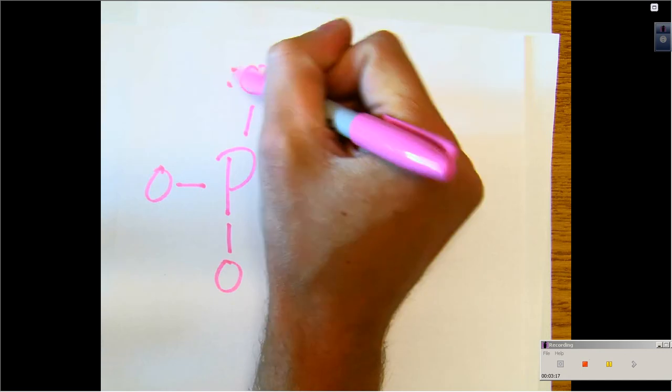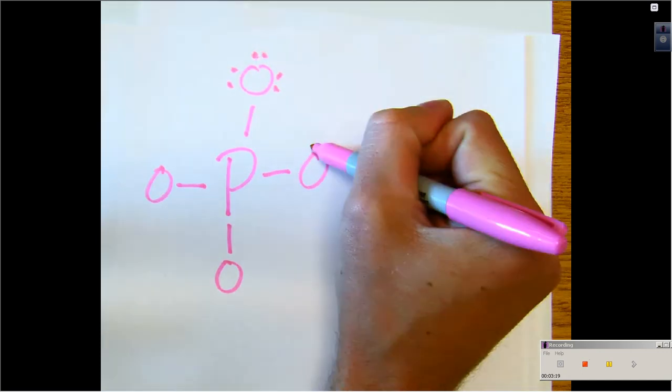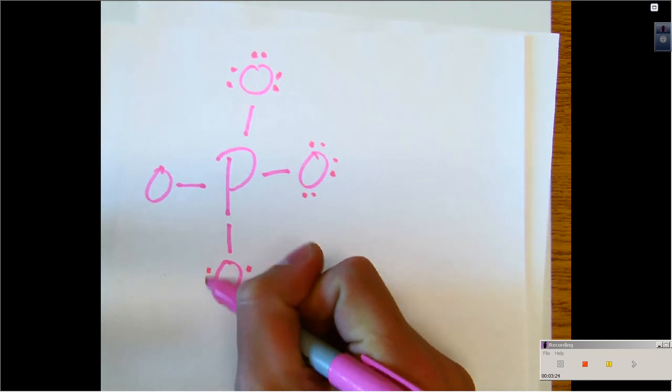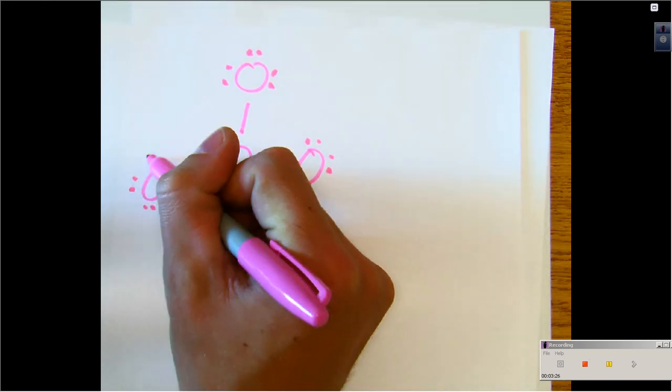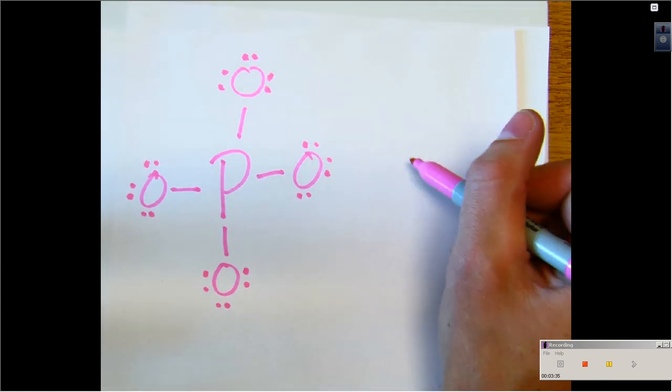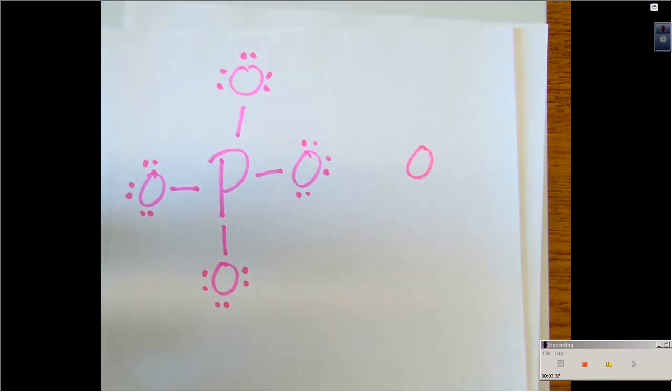Each of those oxygens is going to have another 6 electrons, 3 pairs each. I'll get all those electrons on there. Now, when a water molecule comes in, we can have a little bit of an equilibrium. We'll use a different color for the water molecule so it's easier to see.